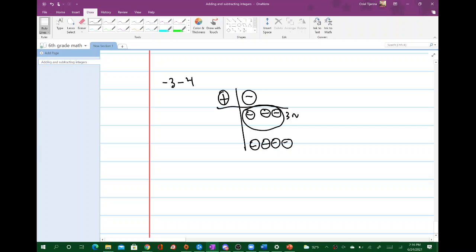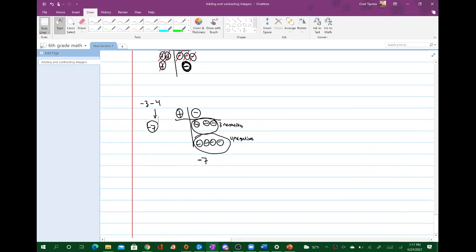So this is 3 negatives, and these are 4 other negatives, right? I'm just going to count them. 1, 2, 3, 4, 5, 6, 7. So I have 7 negatives, so my answer for this is going to really be -7, right?